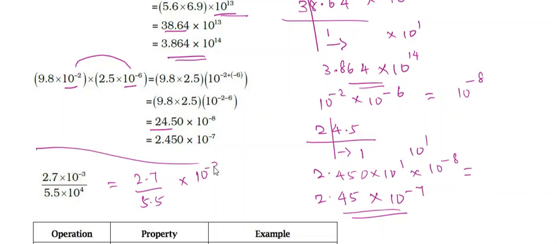So 10 power minus 3 into 10 power 4. Now what you are supposed to do? 2.7 divided by 5.5. Try to get this value and then put 10 power minus 7. If you get a decimal less than 1, then once again you have to convert this into scientific notation. So can you get me the answer to this one? Try.